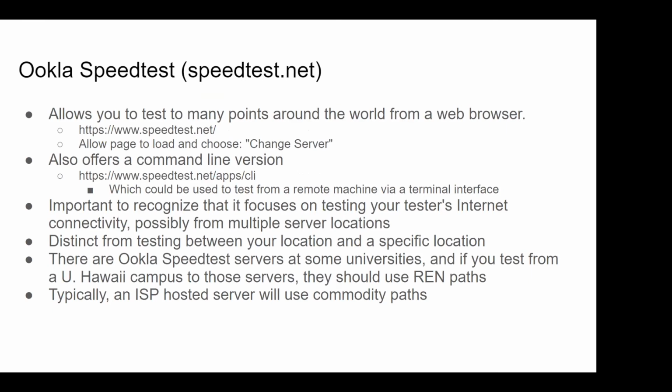There's also Speedtest, and I want to mention this because it's useful. I also want to mention it because it may not be exactly what you're looking for. If you load speedtest.net, you will see a speed test page, and there'll be a big go button. If you touch the go button, it'll test from where you are currently sitting to nearby servers in Hawaii, unless you're sitting somewhere else, and then it'll test to those servers.